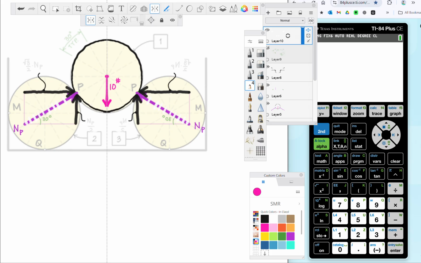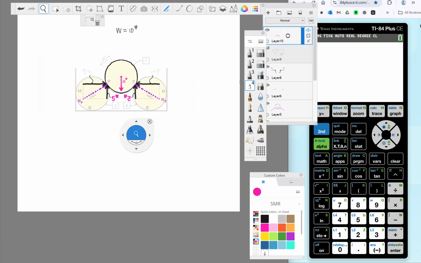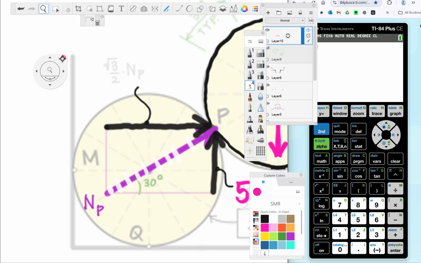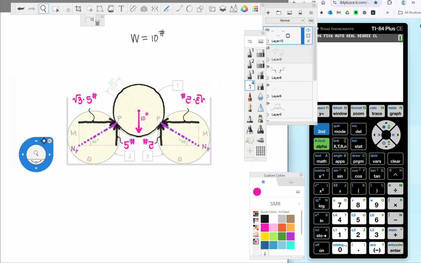For vertical force equilibrium, I need 5 pounds for those two vertical forces to match up with the 10. And then my horizontal force here is just square root of 3 times 5 pounds. So we've got that free body in static equilibrium.